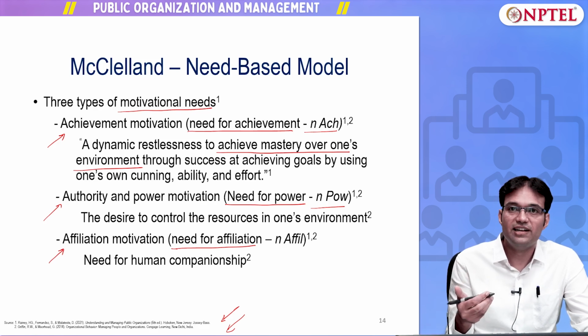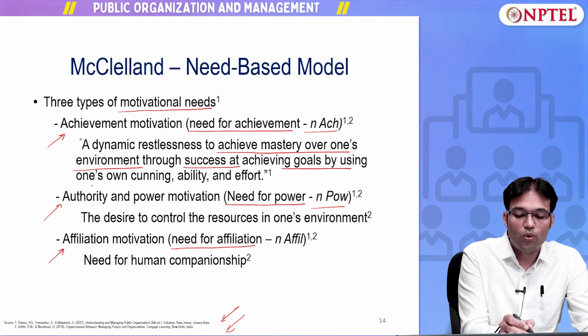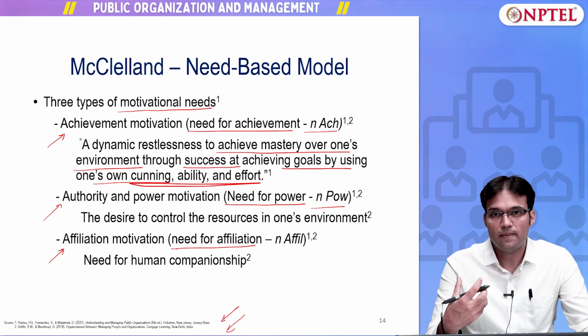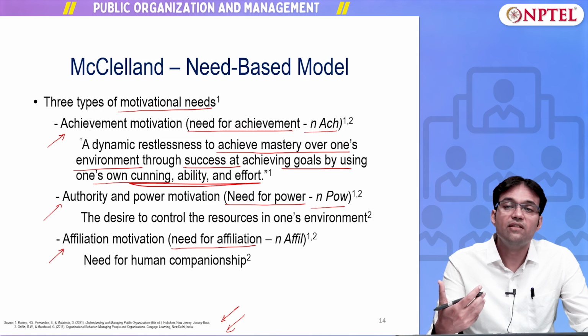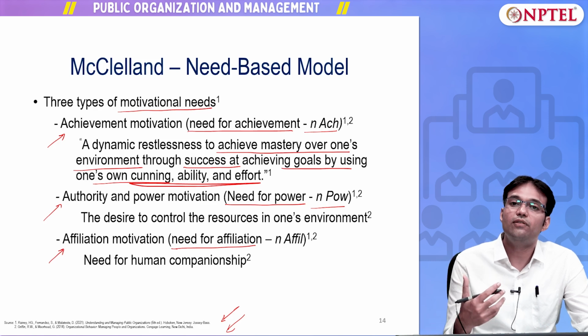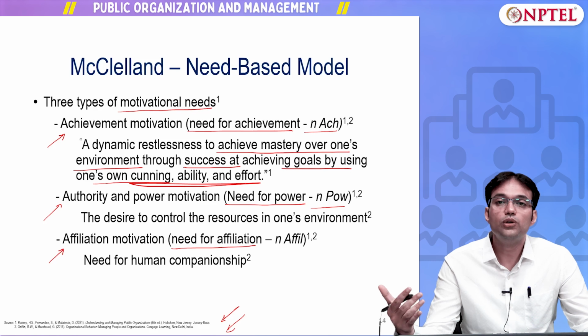So when they achieve success at achieving goals by their own ability and effort, they actually derive a lot of satisfaction. It gives them a kind of push if they see success coming in, because they believe in their efforts, they believe in their ability, and when they look at the success they are achieving by achieving the goals of the organization, they are much satisfied, and they further get motivated to do much more work.